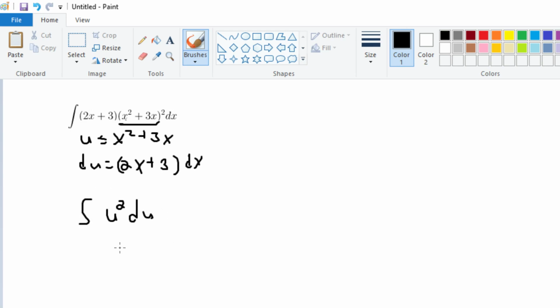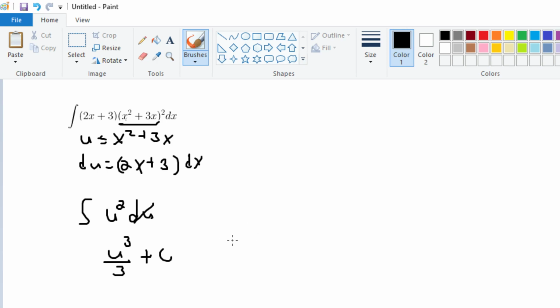So the integral of this is u to the power of 3 over 3 plus c, and we integrated, so the du goes away, and this is what we have. All right, so now we just have to replace it.